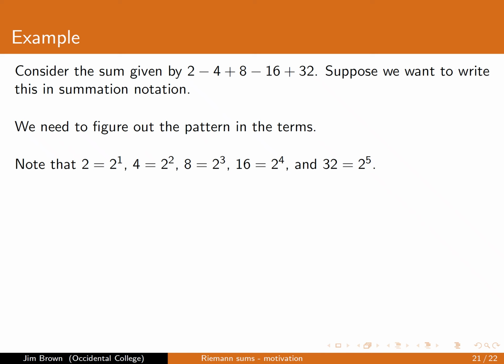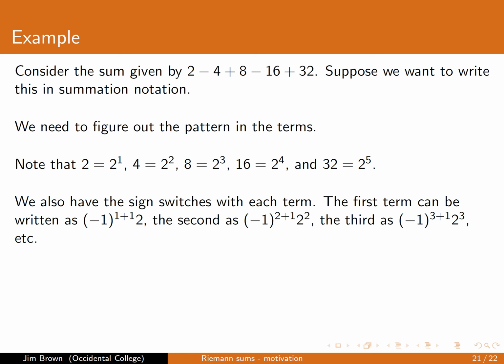Now the next thing we have to do is figure out those negative signs and how we go from positive to negative to positive to negative to positive, and that's a little bit more complicated. But what we can do is we can see the signs switching with each term. And so if we think of this first term as 2 to the 1, I have minus 1 to the 1 plus 1. The next term, 2 to the 2, notice that would be minus 1 to the 2 plus 1.